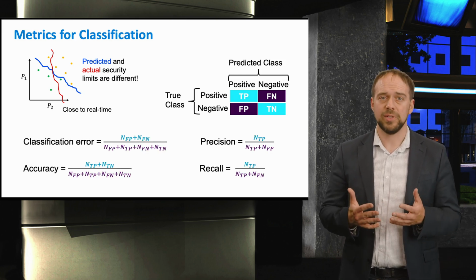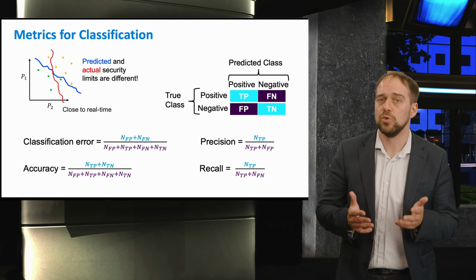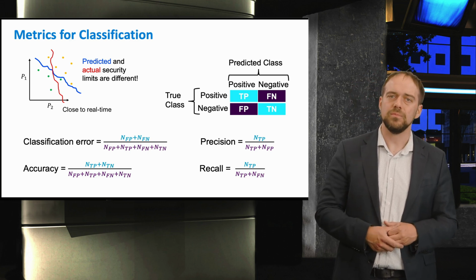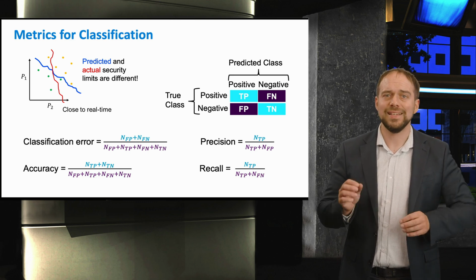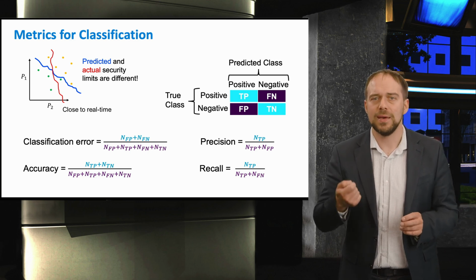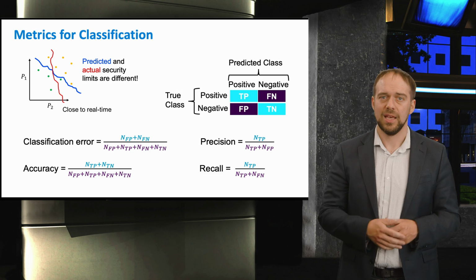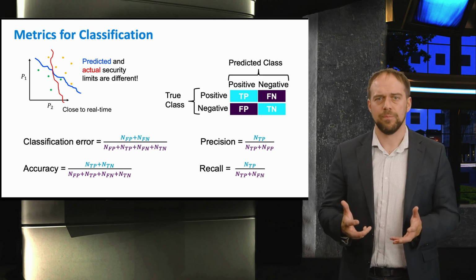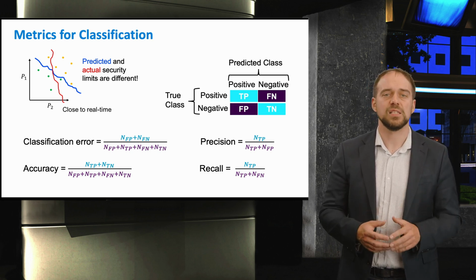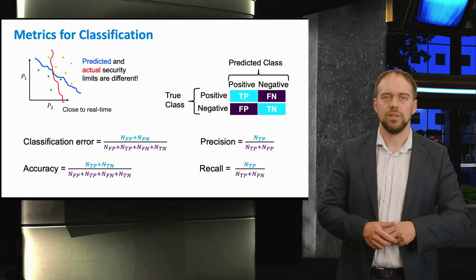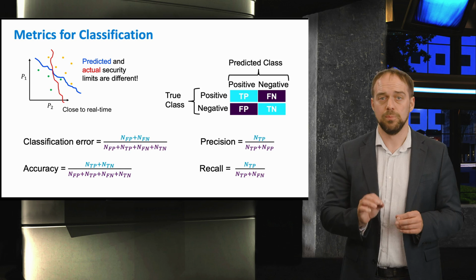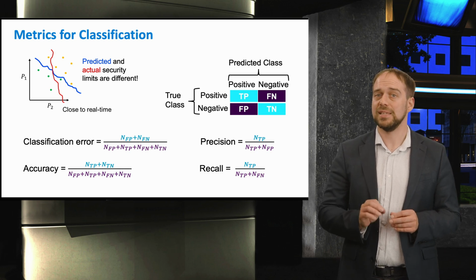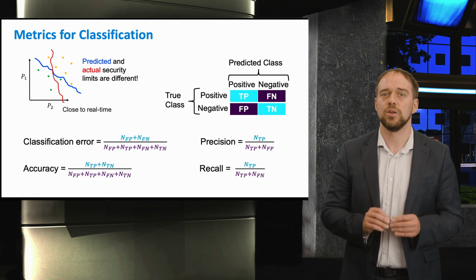Among the points predicted as insecure, how many truly are insecure? Then we define the recall. Among all truly insecure points, how many did the model detect? And then we define the classification error, the fraction of misclassified samples. In power system security, this can be especially important because missing an insecure state can have severe consequences.